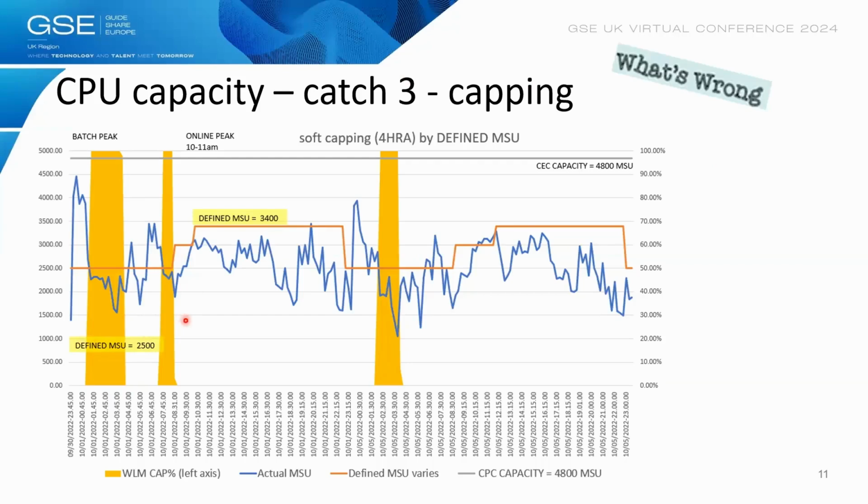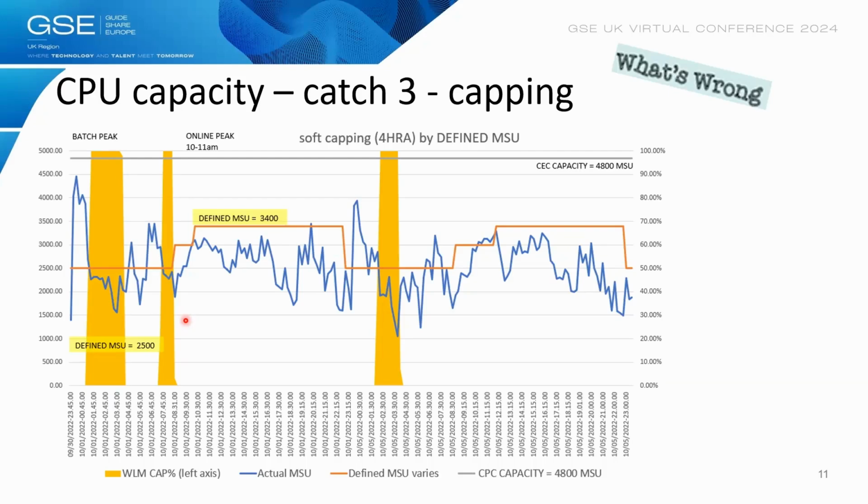The majority of customers still pay a 4 hours rolling average monthly license fee, which means that as soon as they exceed some MSU, they pay the price at this level. So some customers run with a defined MSU, which means I don't want to exceed a certain amount of money that I pay to IBM and to vendors.